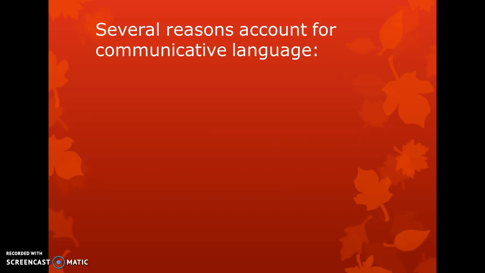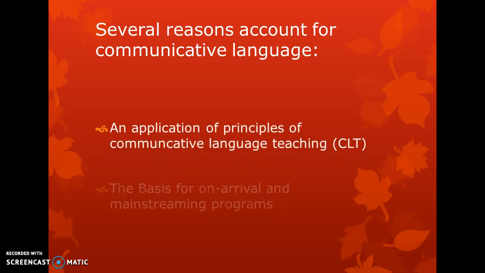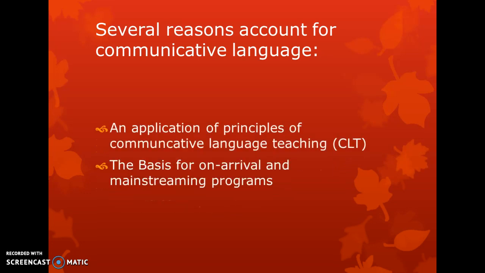There are several reasons that account for communicative language, but I will pick only 3 points out of it. The first one is the application of the principles of communicative language teaching. The classroom should be focused on communication and exchanging information, like students needing to interact with each other in their learning instead of listening only to the lecture or only the teacher.